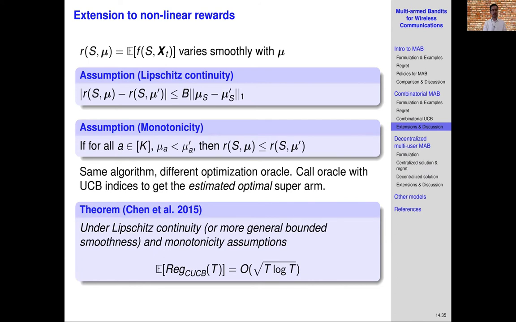We still give the optimization oracles UCB indices to get an estimated optimal superarm and then play it in each round. And the following theorem characterizes the regret for this more general case. So under Lipschitz continuity and monotonicity assumptions, it is known that the regret of CUCB grows like square root of T log T.